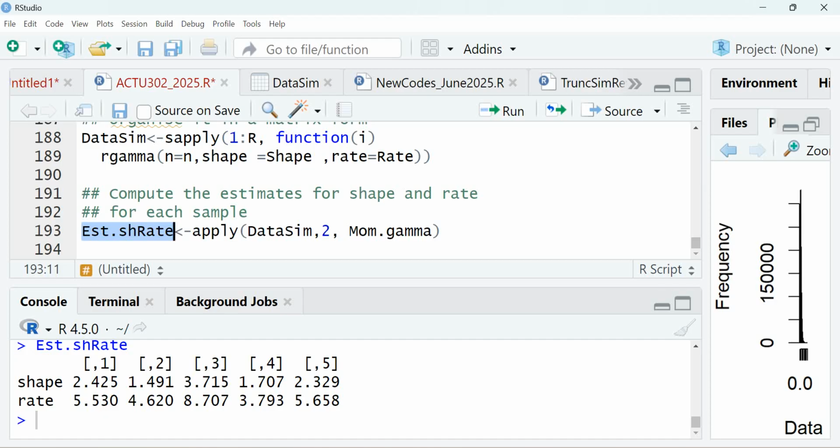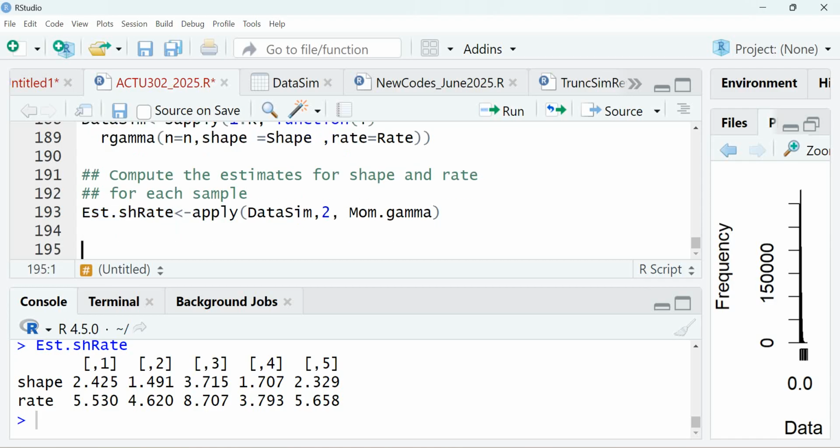So to find this, I need to write a function to compute the bias, and I'll write another function to compute the mean squared error. So instead of those theoretical things that you are doing, now we are reducing everything to a sort of program that does that. So let's write the bias function.